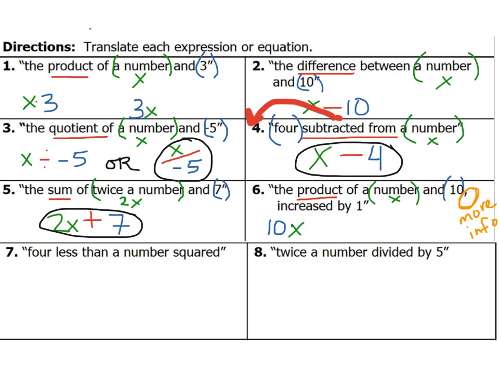Now that I've translated the first part of the sentence, I'm going to go back. And then I'm going to start at the comma, and I'm going to translate the next section. It says increased by. Increased by means plus. And then I have another number here, so increased by 1. So my final translation here is 10x plus 1.